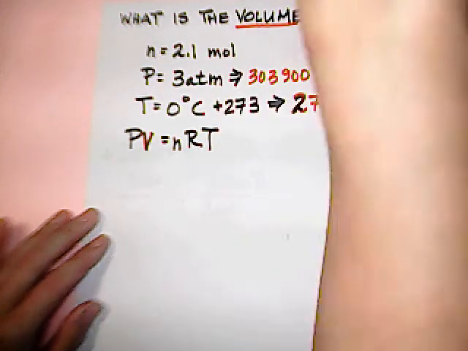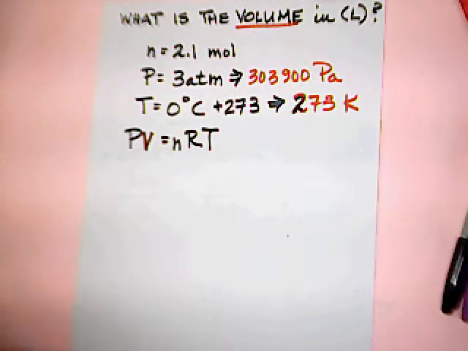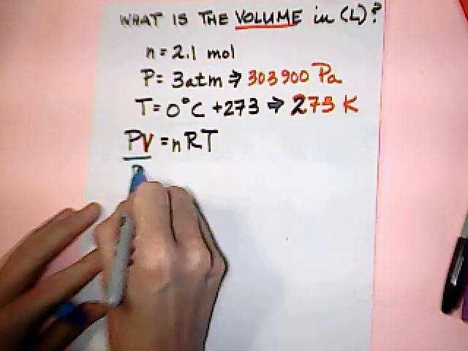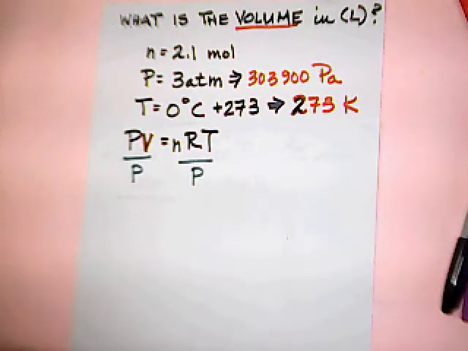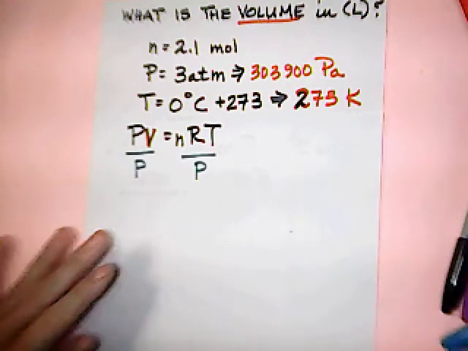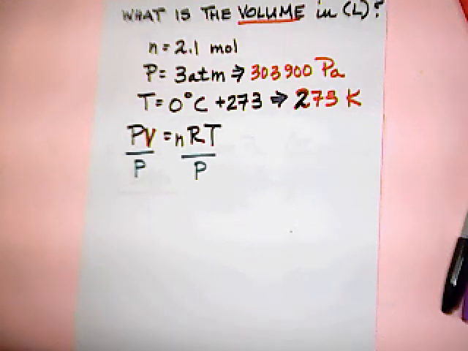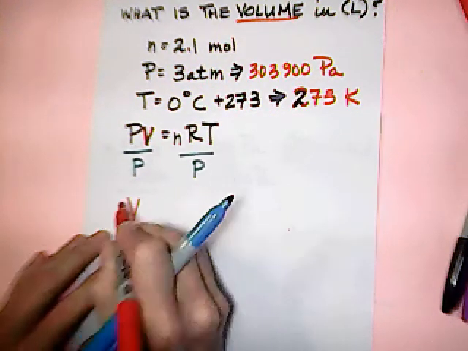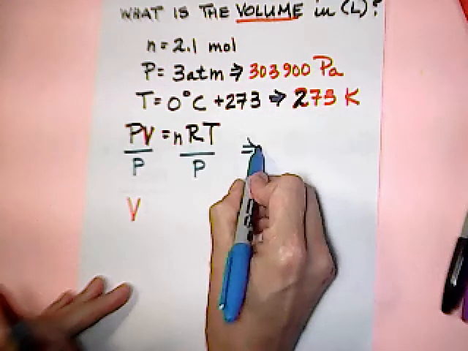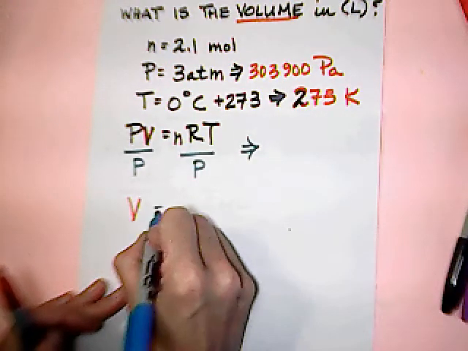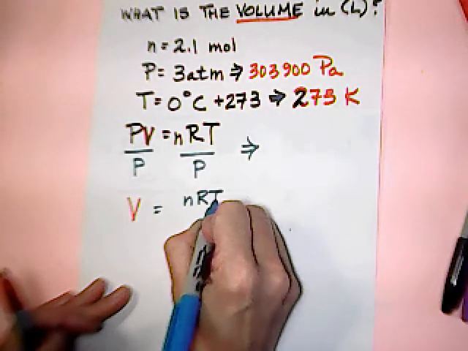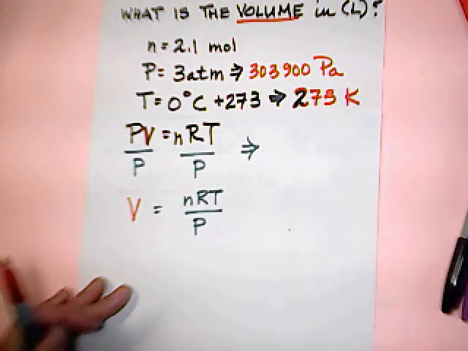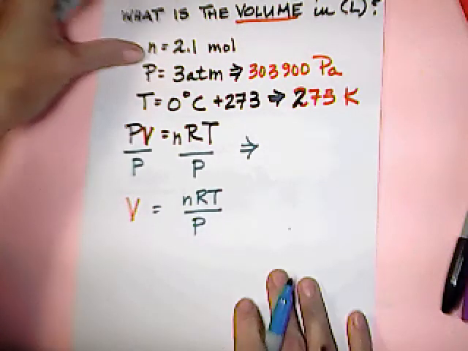To get V by itself, your first step is you are going to divide both sides by P. So now this implies that your volume equals nRT over P. Great.